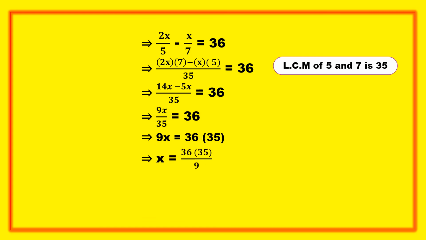So x equals 36 into 35 by 9. Now you can solve it. When you see properly, this is a multiple of 9 as well as this is a multiple of 9. So 9 ones are 9, 9 fours are 36. Now you multiply: 4 into 35 is 140. Anything divided by 1 gives you the same quotient, so no need to write divided by 1. So your x value is 140. So our number is 140.